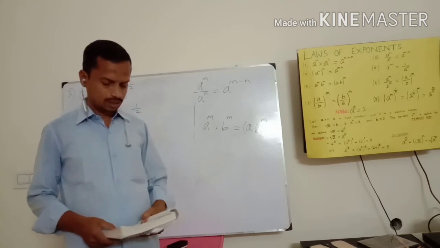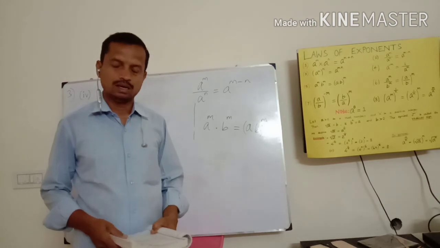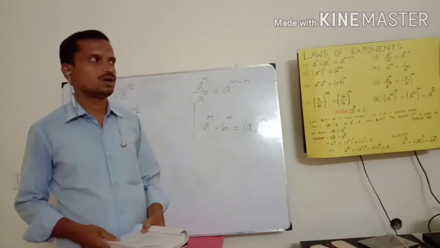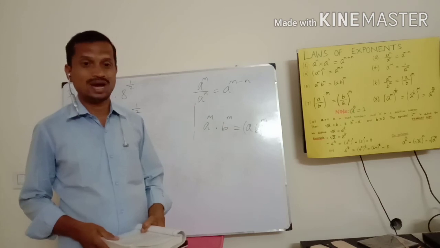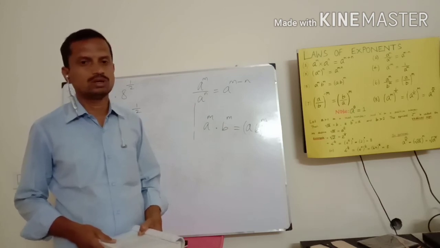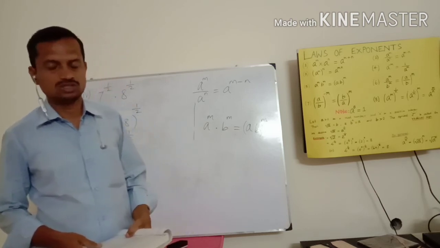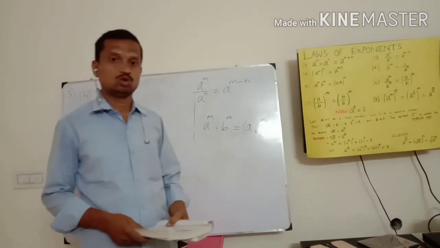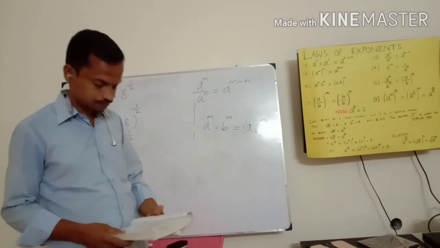And then the number line. How to locate a given number on the number line, and a number may be square root of 2, square root of 3. How to locate it on the number line, we have discussed. And also the square root spiral we have discussed.